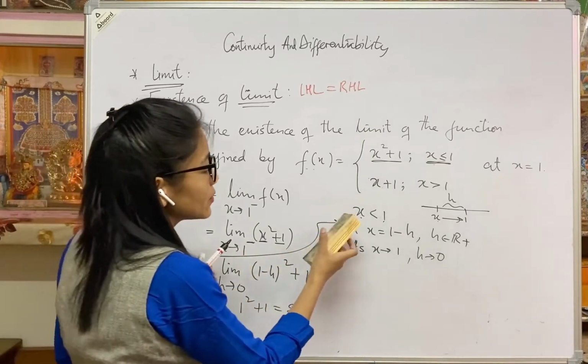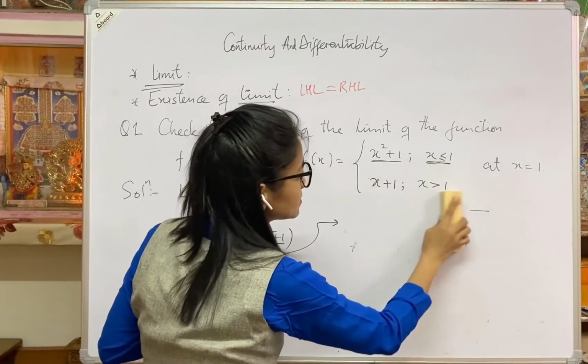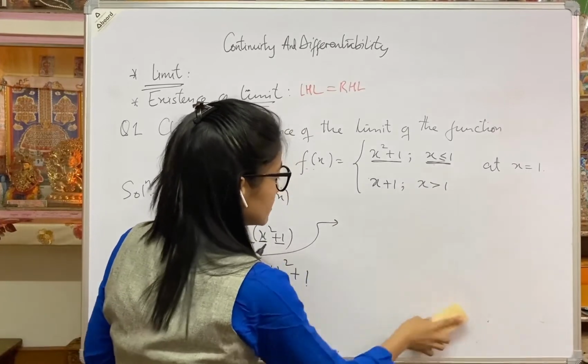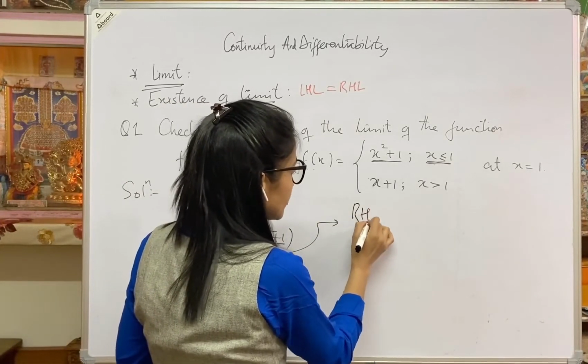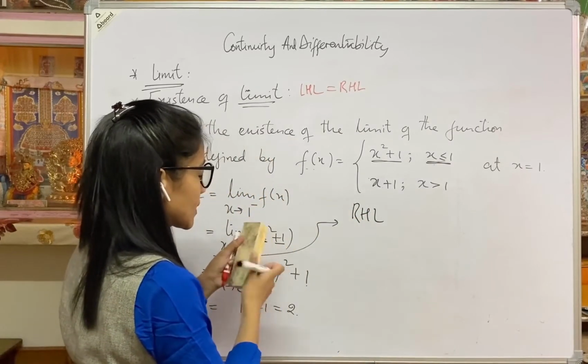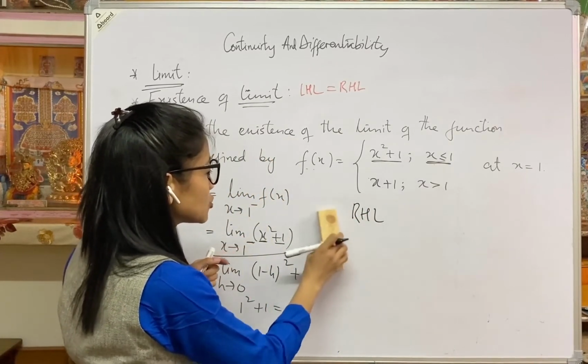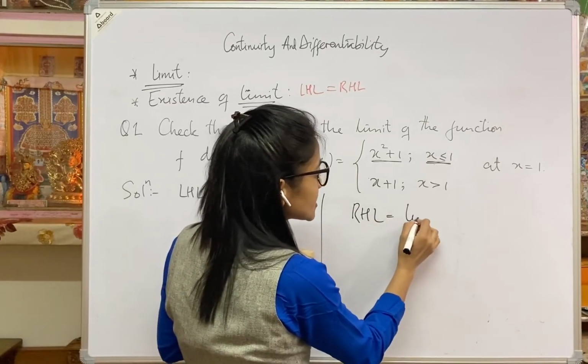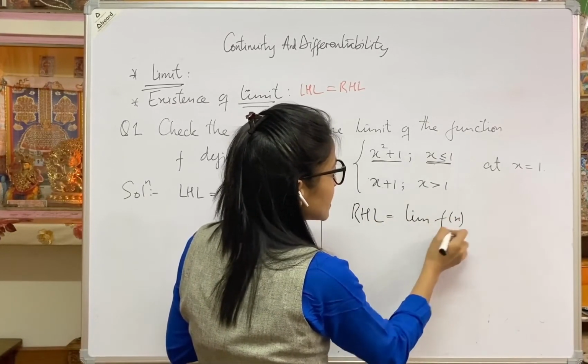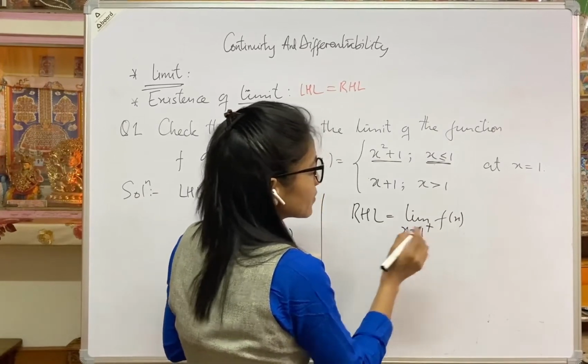Now we will find the right hand limit. If you understood how we find the left hand limit, then obviously it's the same for the right hand limit. So I will write the limit of f(x) as x tends to 1 from the right hand side.